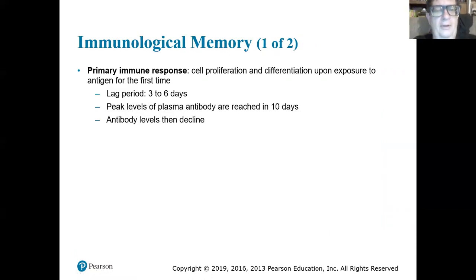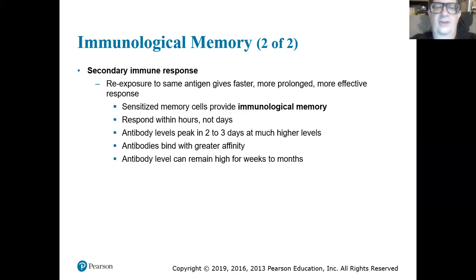So the primary immune response, cell proliferation and differentiation, is going to take 3 to 6 days to happen. And your peak antibody level is going to be 10 days later, and then the antibodies will decline. But the next time you're exposed, because of the memory cells, your body will respond within hours, not days, and your antibody levels will peak in 2 to 3 days instead of 10 days later.